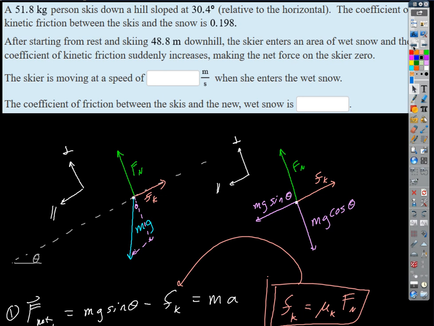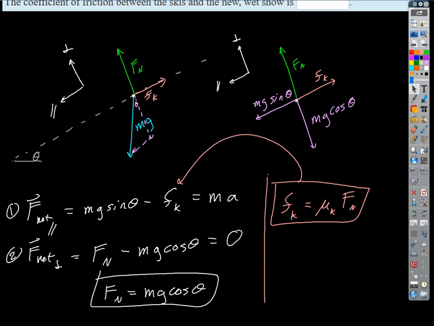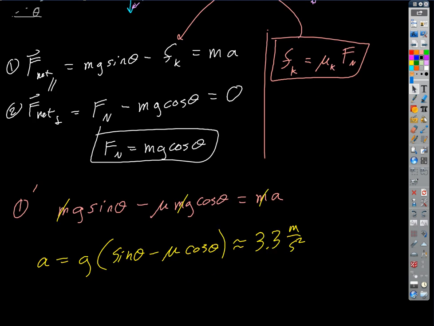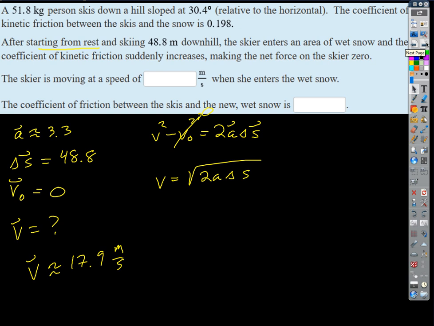We could write the equations of motion, because the sum of our parallel components gives us ma, and there's no perpendicular acceleration, so the sum of our perpendicular components equals 0. That gave us an algebraic system that we could solve to calculate the acceleration. Once we know the acceleration, we just do a one-dimensional kinematics problem, and that gives us our final velocity, okay? What about part 2? Now in part 2, what's changed?